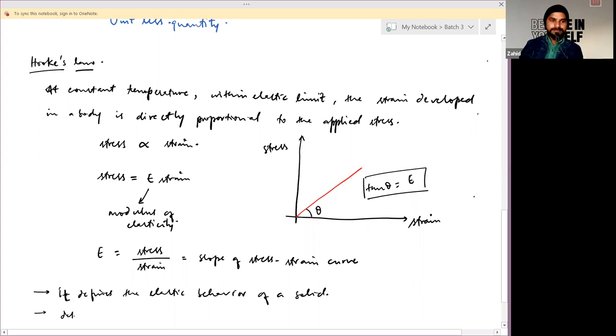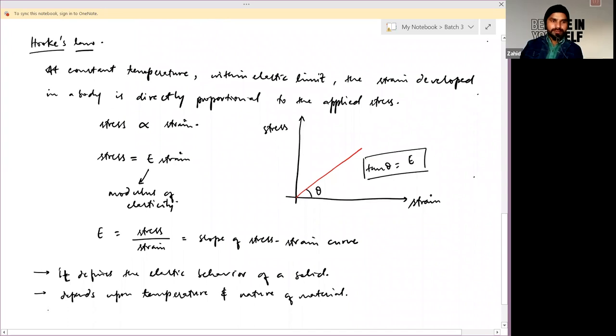It depends upon temperature and nature of material, and it is independent of the dimension of the body.